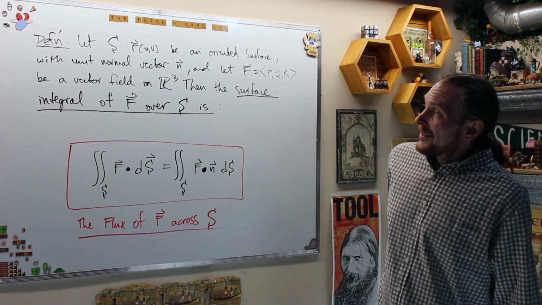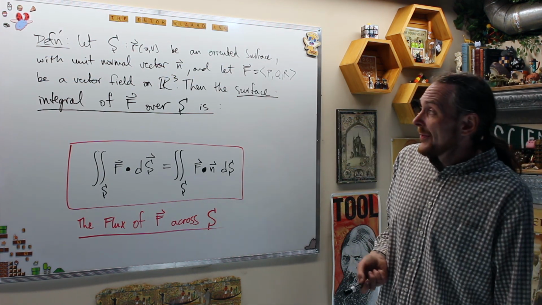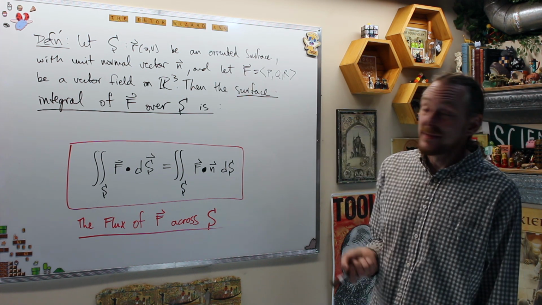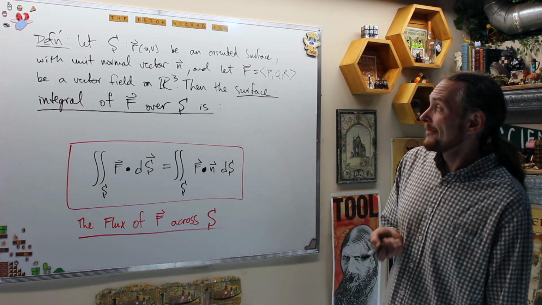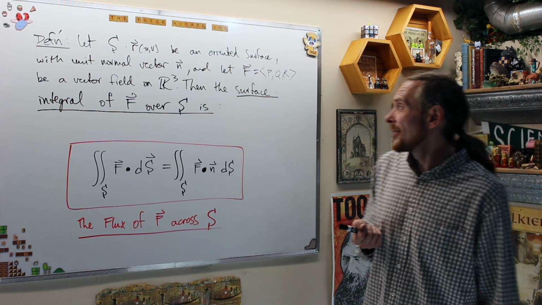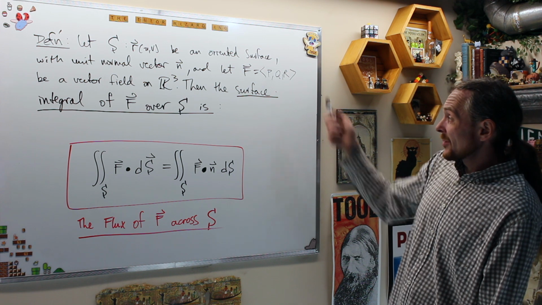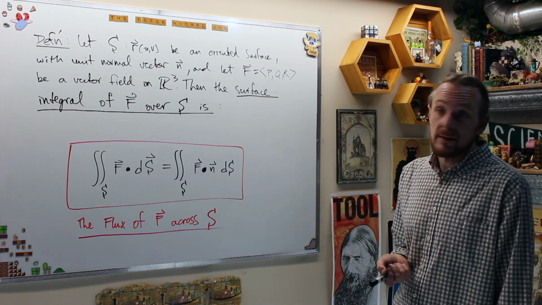Okay, so definition: let S be a parameterized surface which is orientated, and we have specifically unit normal vector n. It's always going to be a unit normal vector. And let us consider now a vector field F, which is P, Q, R over 3-space.